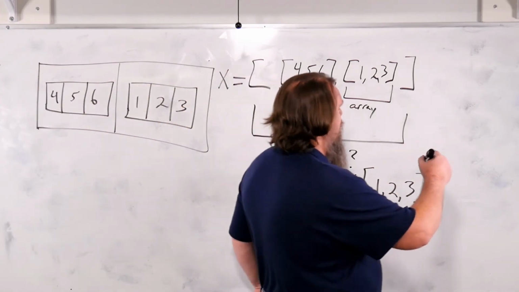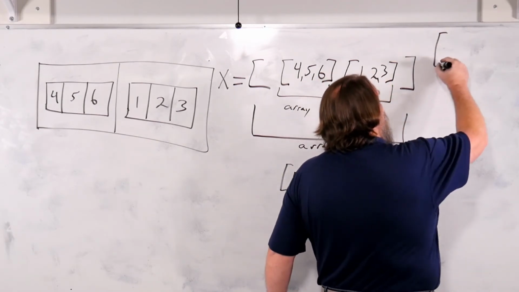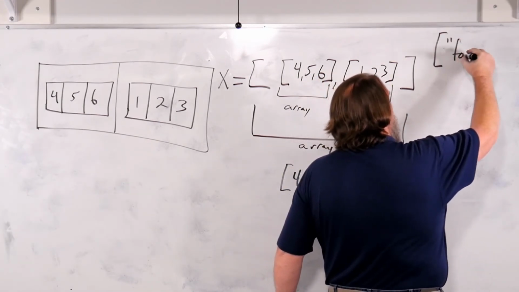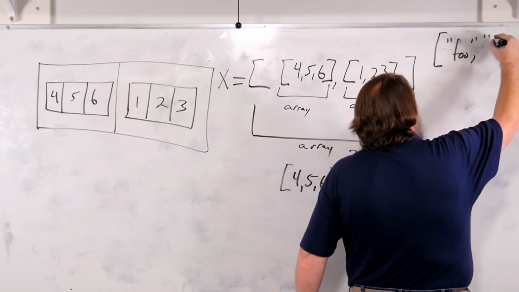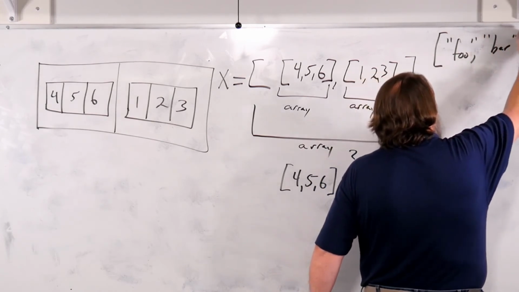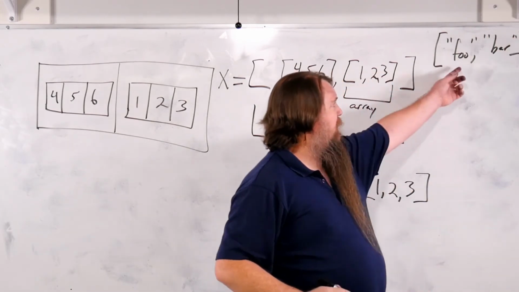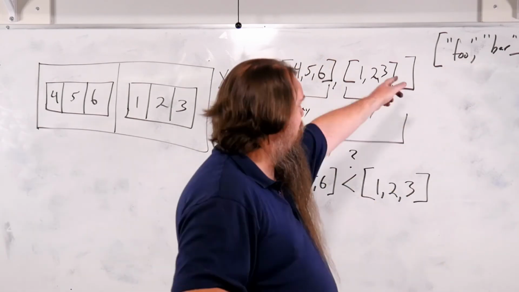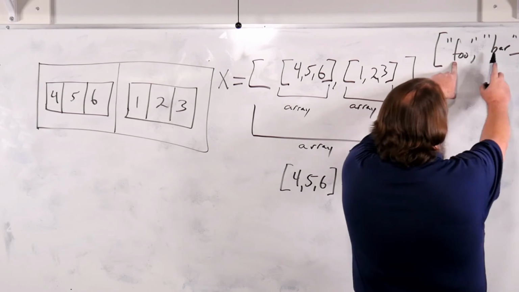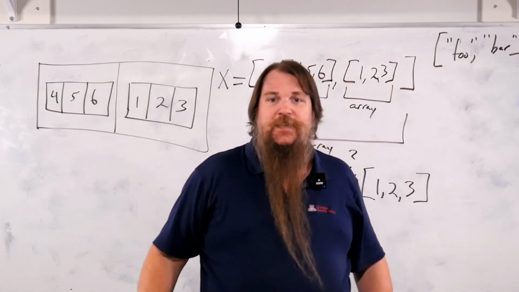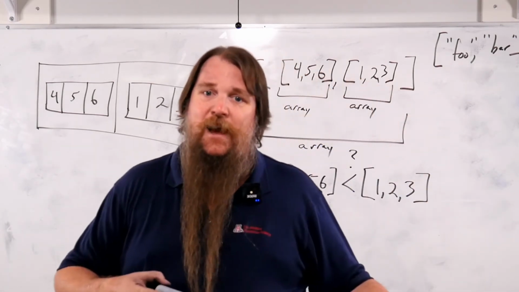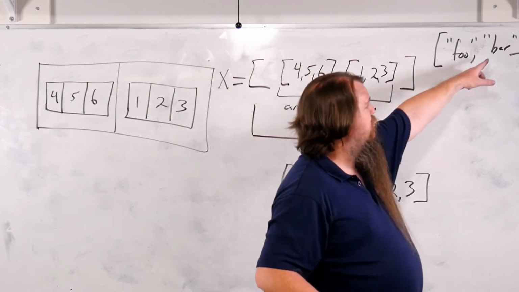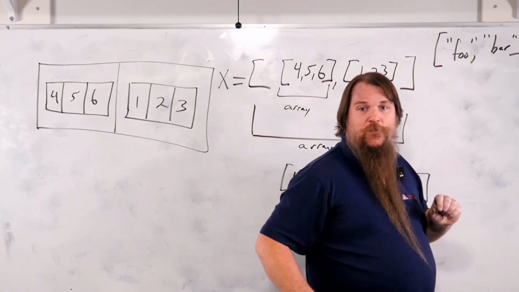But in truth, you wouldn't have complained if I said that I had an array containing two strings, would you? But each of these is an array, basically. How do you compare foo and bar? You compare F to B. You say, oh, B is less than F, therefore bar should go in front of foo.